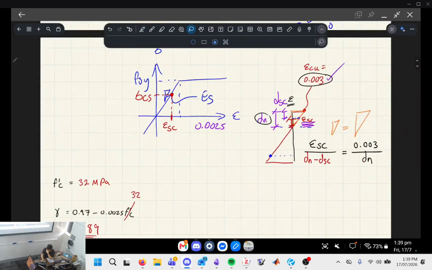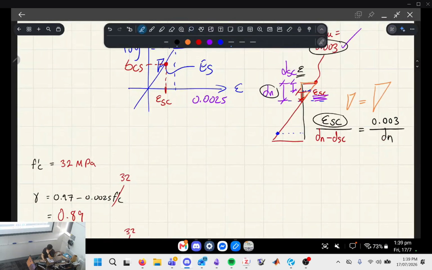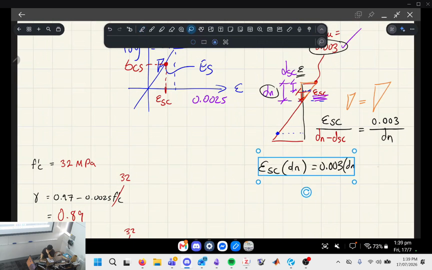So we're going to rearrange for epsilon SC. We cross multiply, so let's put dn on this side: 0.003 times dn minus dsc. So all I've done is cross multiply, and now I divide both sides by dn.